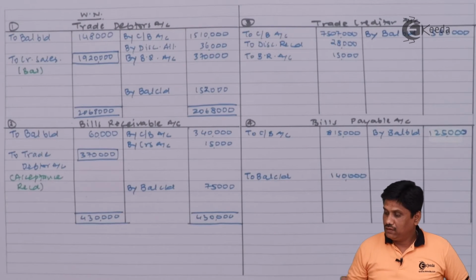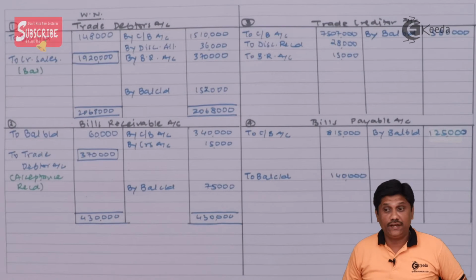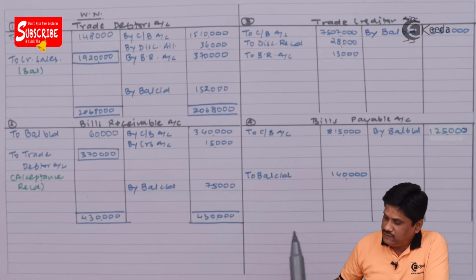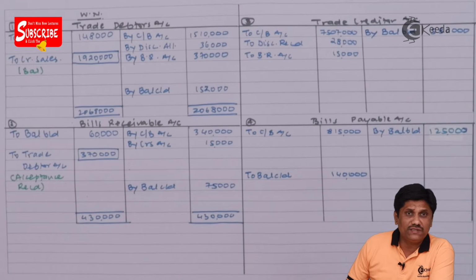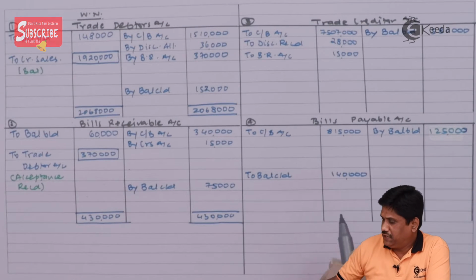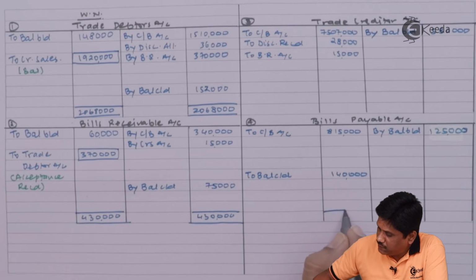Now I am closing my creditors and bills payable account. Let me check whether I can do that. If I look at the bills payable account, I know that there must be some acceptances which I gave in the current year. So let me firstly close down my bills payable account.